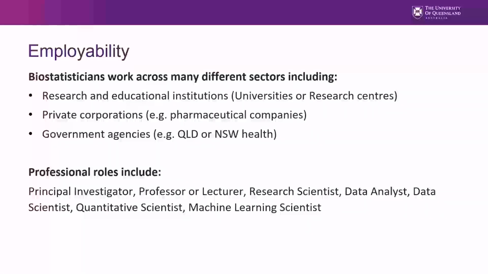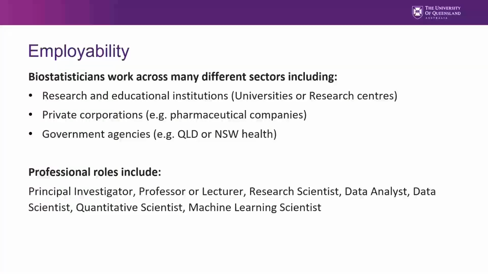Okay, so where might a biostatistician work? So the graduates of the master's program, they could work in research and educational institutions like universities and research centers, or alternatively, private corporations like pharmaceutical companies. Also, the government agencies like Queensland Health and New South Wales Health employ a number of statisticians.